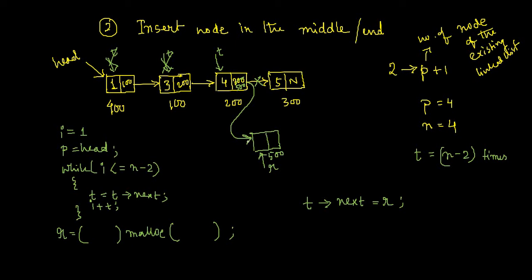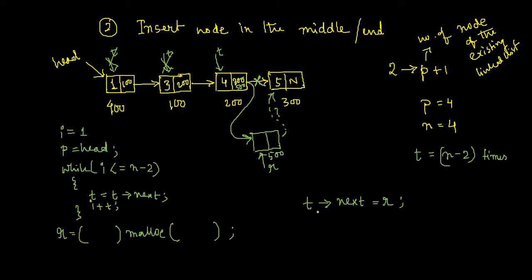It is okay. But the problem is, how will you connect this node? You don't have any trace of this address 300 because this connection has been lost. It is not possible to go to this particular node from the newly created node.